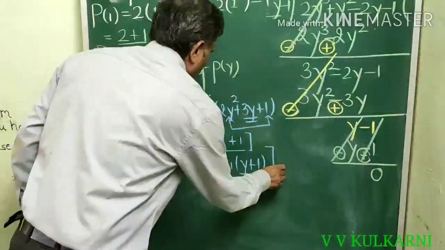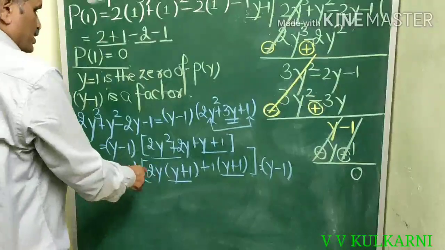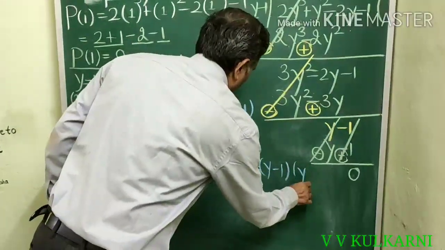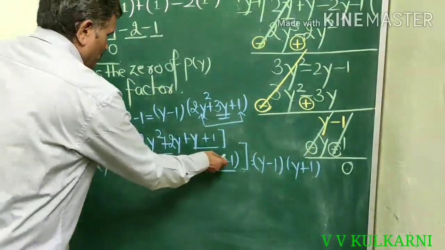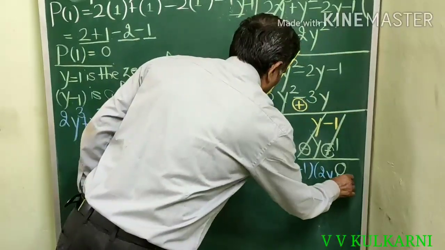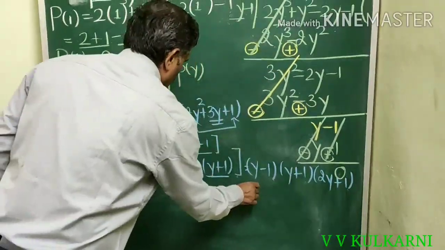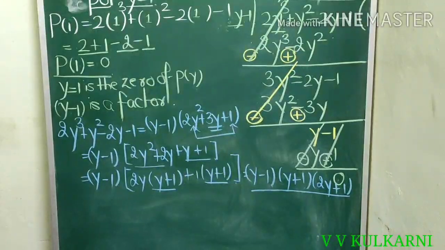So finally what I get is y minus 1 into y plus 1 into 2y plus 1. So these are the zeros of the given polynomial.